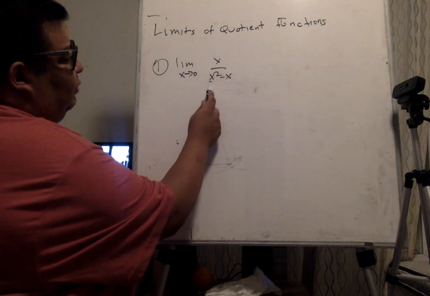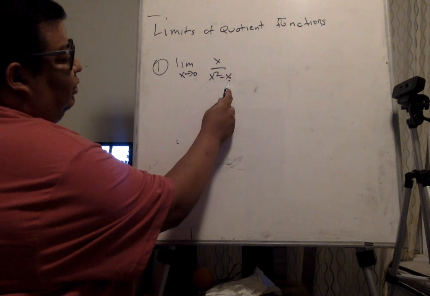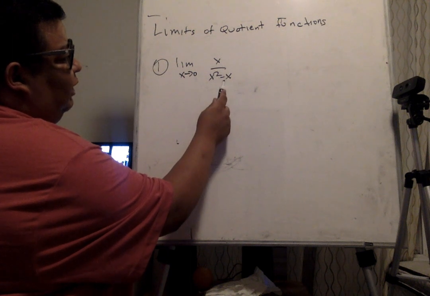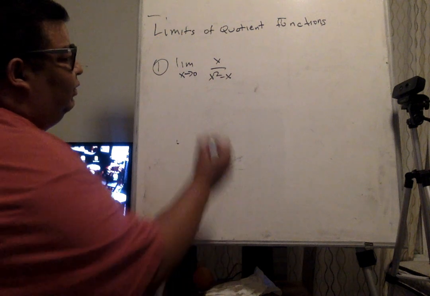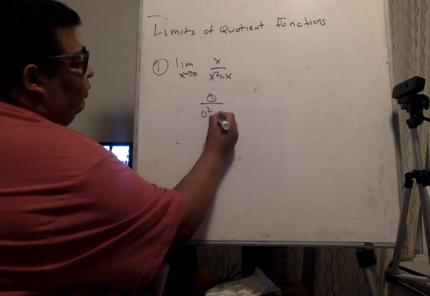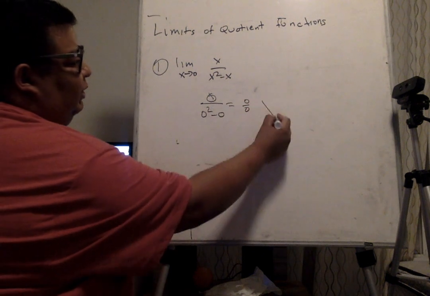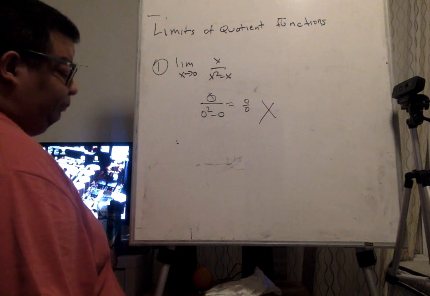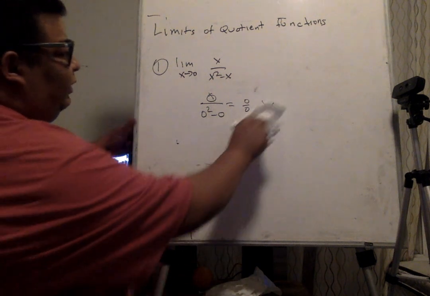But what happens if we plug in 0 here? 0 squared is 0. 0 minus 0 is 0. So we have a quotient that has a denominator 0. So we can't do those limits like that. In other words, we cannot just plug in and get 0 over 0. We can't do it like that. So we have to approach this with a different method.